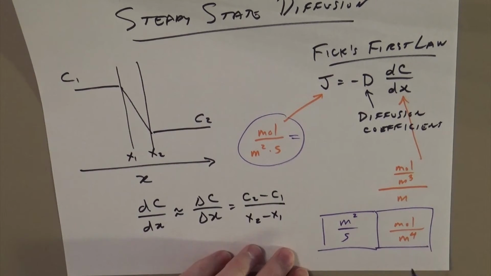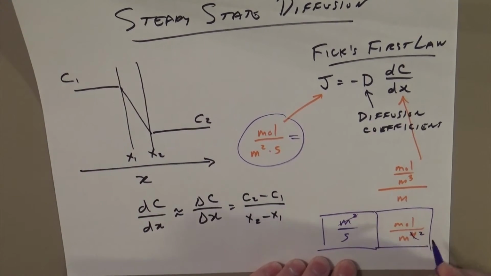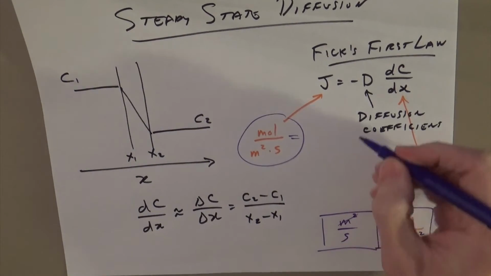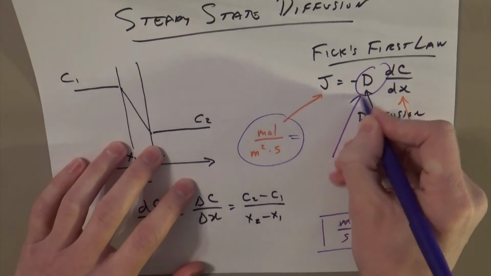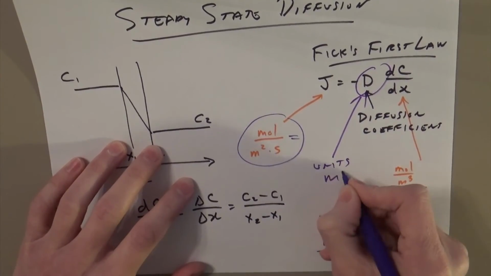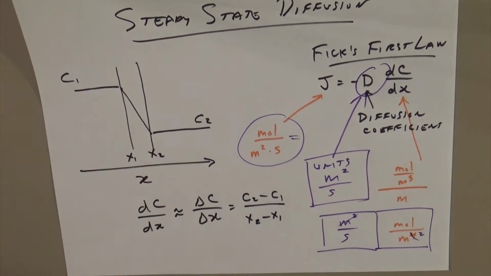Because that will let us cancel out that. Give us 2. And now we got mole per meter squared second, and they're going to be equal to each other. So length squared per second for the diffusion coefficient.